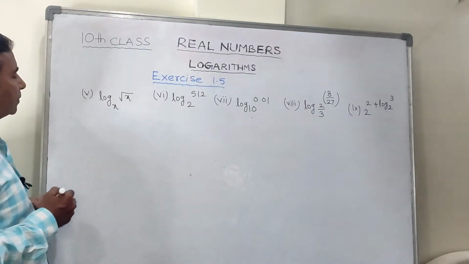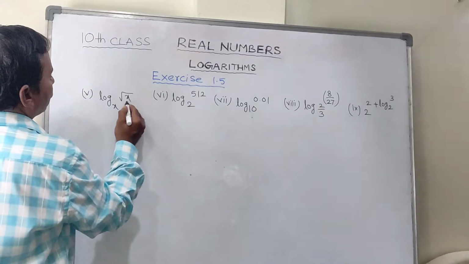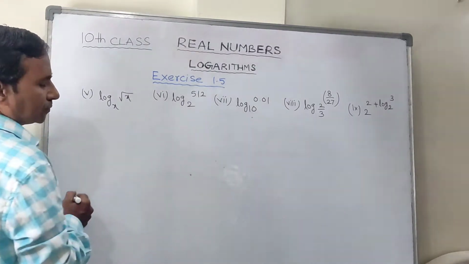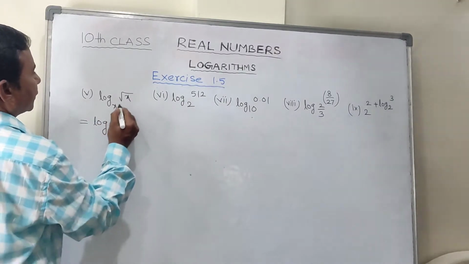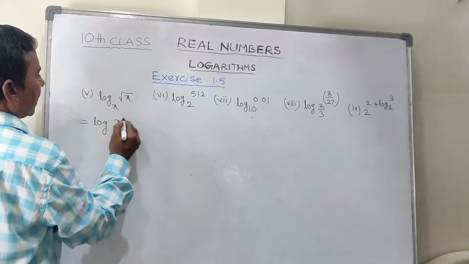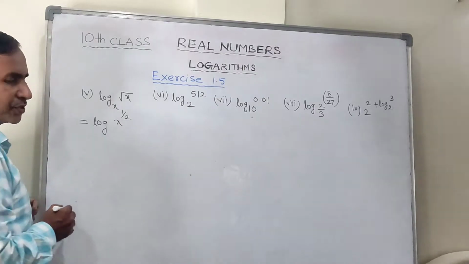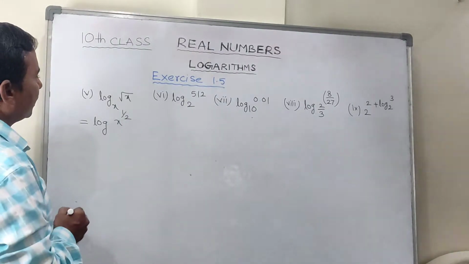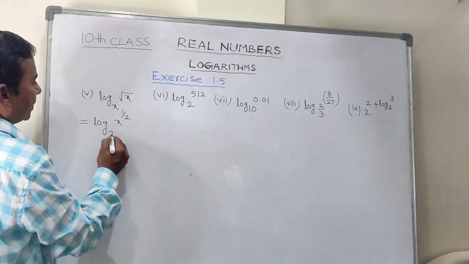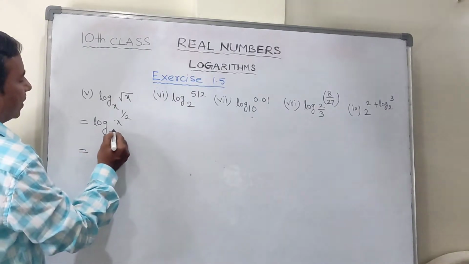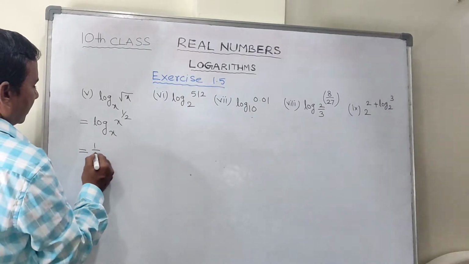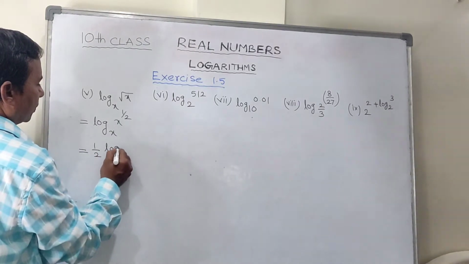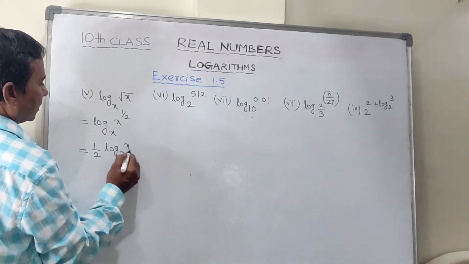Now see the fifth bit, log root x to the base x. Root x means exponent 1 by 2. Instead of root, 1 by 2 becomes an exponent to the base x. If you see, this 1 by 2 comes in front like 1 by 2 log x to the base x.